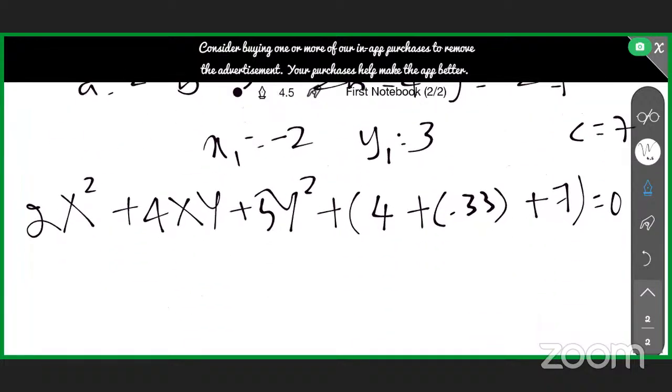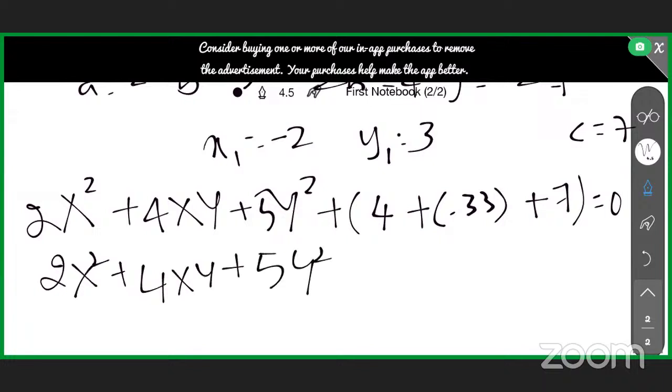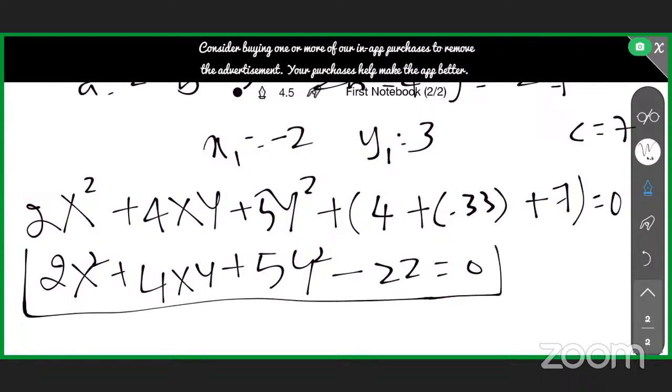Simplify this one. 2x square plus 4xy plus 5y square plus 4 plus 7 is 11. 11 minus 33 is minus 22, so minus 22 is equal to 0. The transformed equation is capital 2X square plus 4XY plus 5Y square is equal to 0.